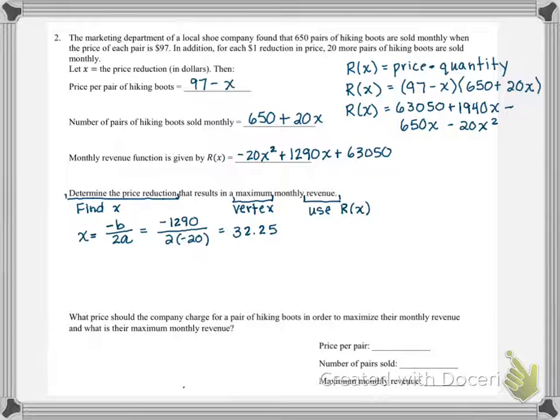Well, I found the x value, right? The price reduction, which will give the maximum. Yep, good. So 32.25 is the price reduction that maximizes revenue.